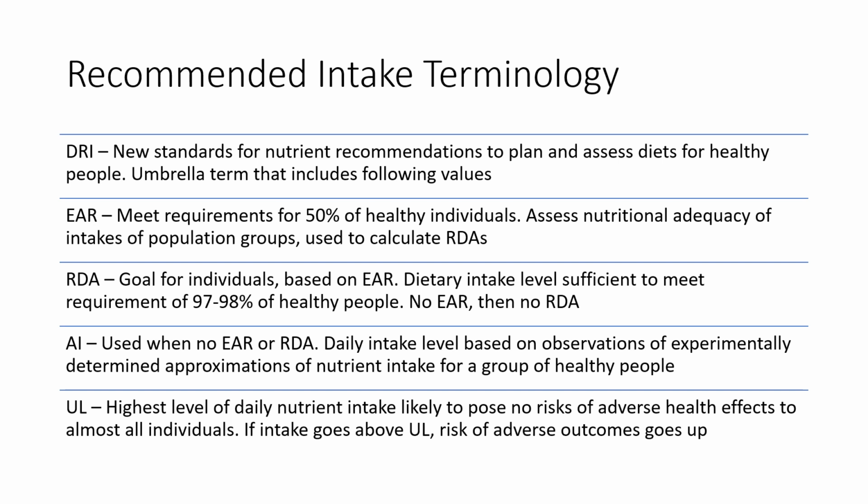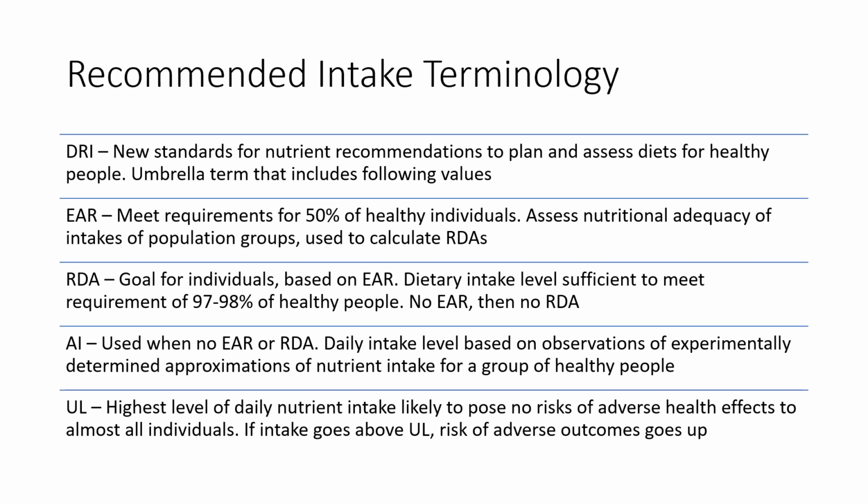We also have our UL, which is going to be our tolerable upper intake level. This is the highest level of daily nutrient intake likely to pose no risks of adverse health effects to almost all individuals. If our intake goes above the UL for a certain population or individual, a risk of adverse outcomes can go up.